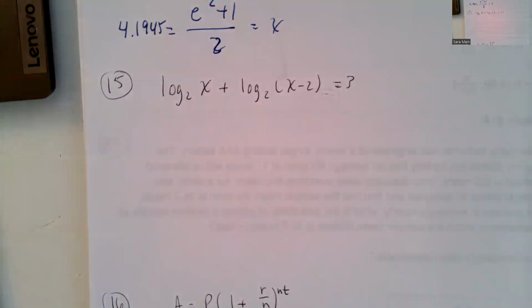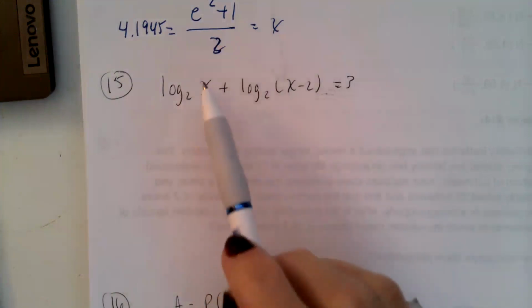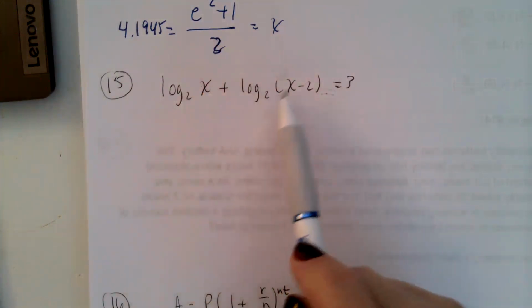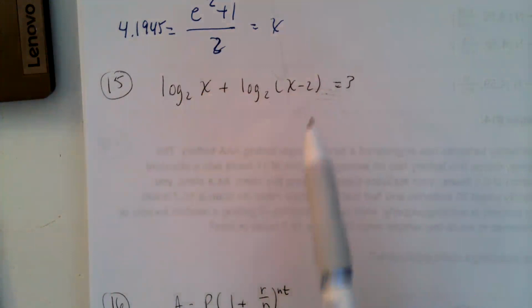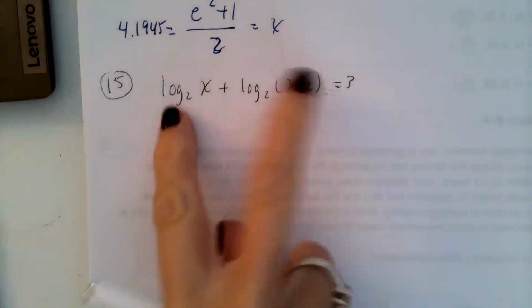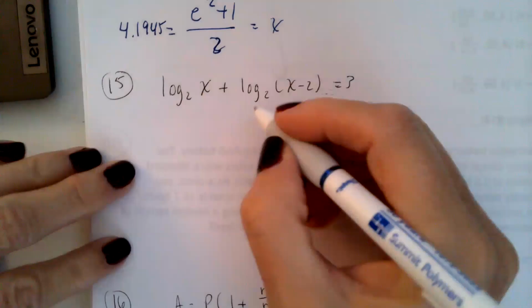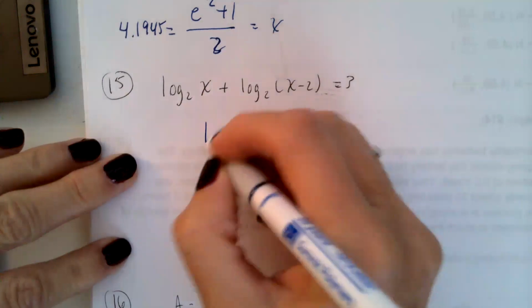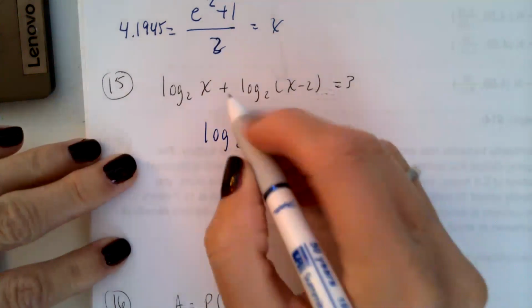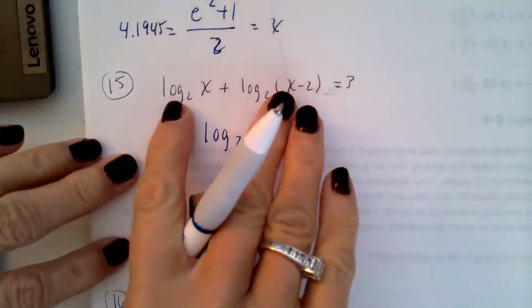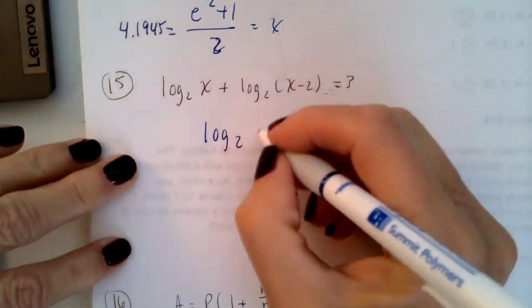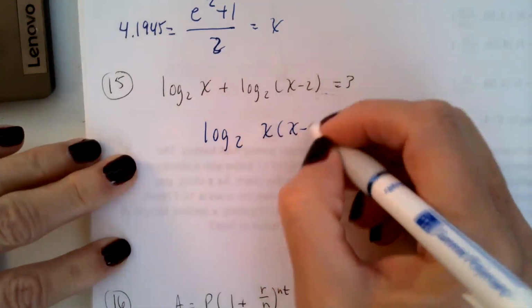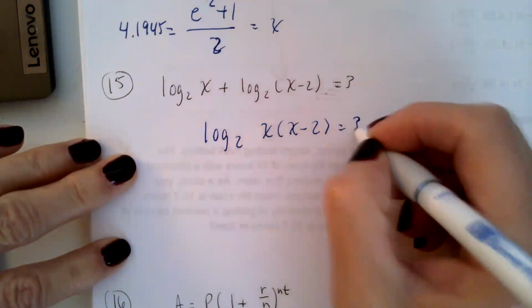So number 15, we have log base 2 of x plus log base 2 of x minus 2 equals 3. I need to combine the logs. I can do that because they're the same base 2. And because they're adding individual logs, when I combine them, it becomes a product of x times x minus 2 equals 3.